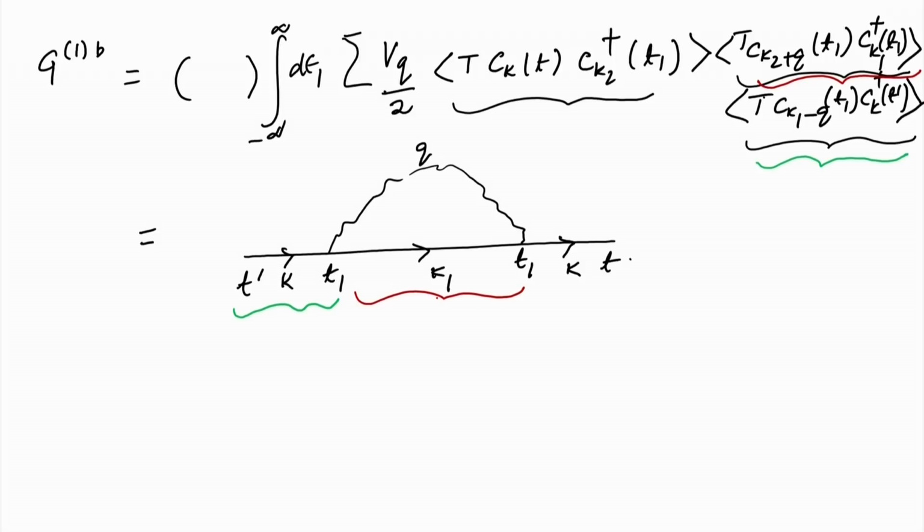So, k 1 equal to k 2 plus q, and similarly the other one is here, which goes from T 1 to T, and the vertex V q now carries a momentum q which is not equal to 0. So, this is B.